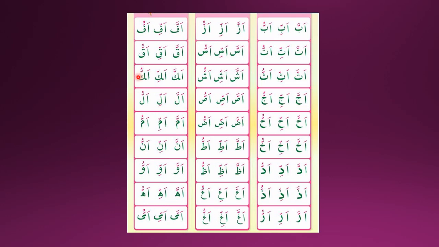Now all the letters with tashdeed. Abba, abbi, abbu. Atta, atti, attu. Attha, atthi, atthu. Ajja, ajji, ajju. Aha, ahi, ahu.